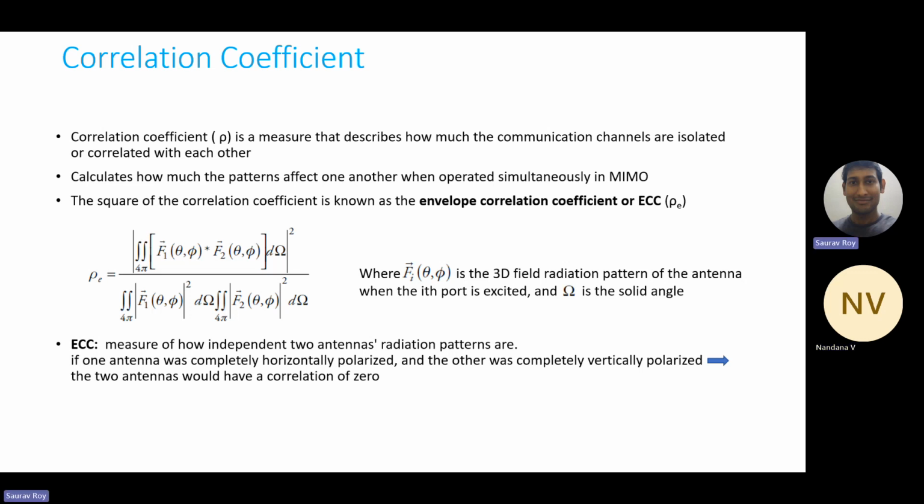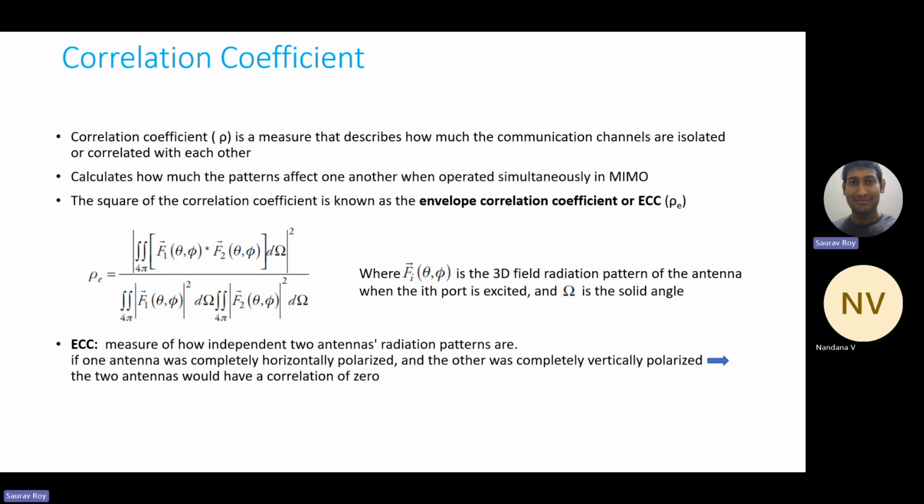If you remember in signal processing, there is a formula for correlation between different signals: the summation of x1 x2 divided by the summation of x1 and summation of x2. Like that we had a correlation formula. Here also it is almost similar. In the numerator we have the multiplication of f1 and f2, and in the denominator we have f1 squared and f2 squared separately.